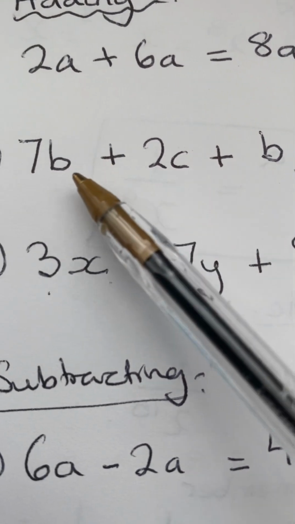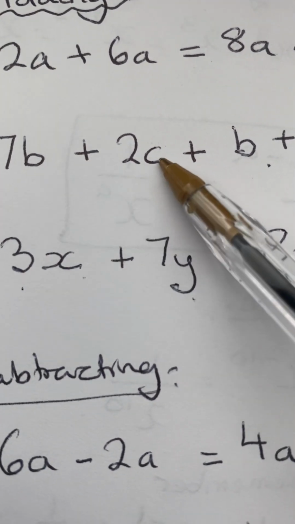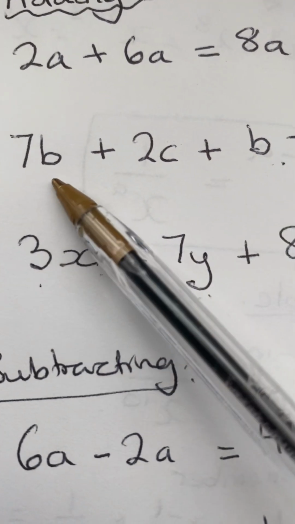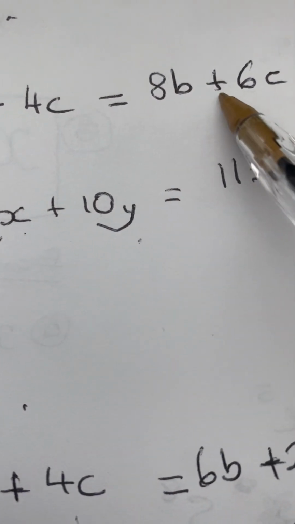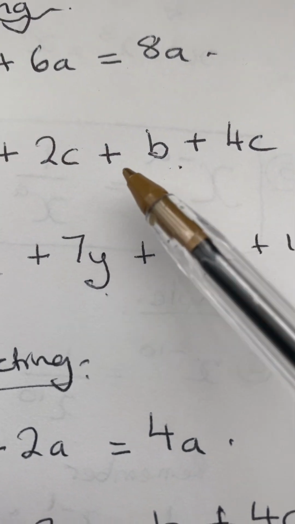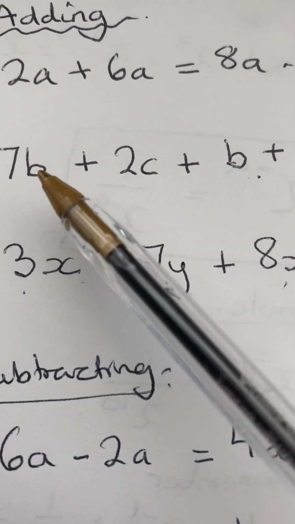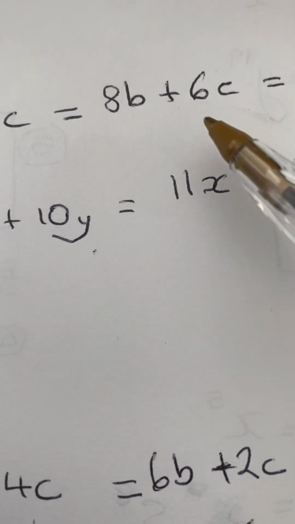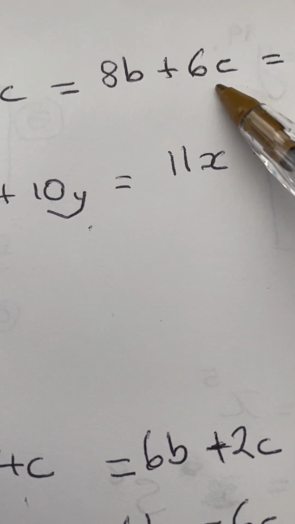So 7b add b will be 8b. 2c add 4c will be 6c.